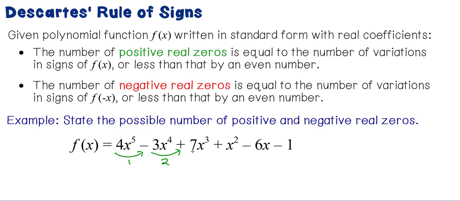Positive, positive is not a variation because they're the same signs. And then we have another positive to negative, so this is 3 variations, and there's no other variations. So this could have 3 or 1 positive real zeros, okay? Because it always goes down by an even number.